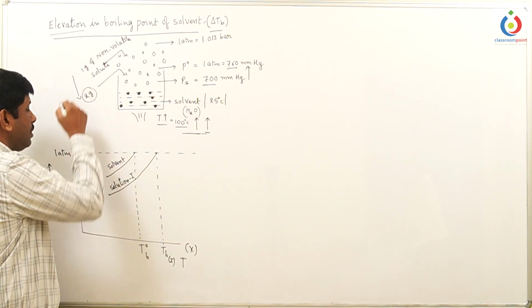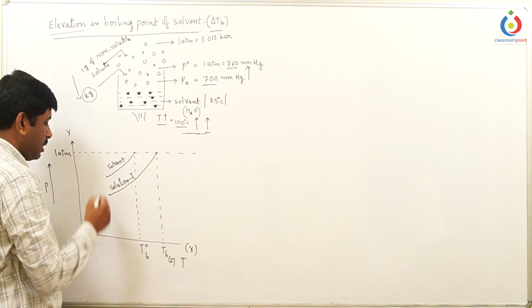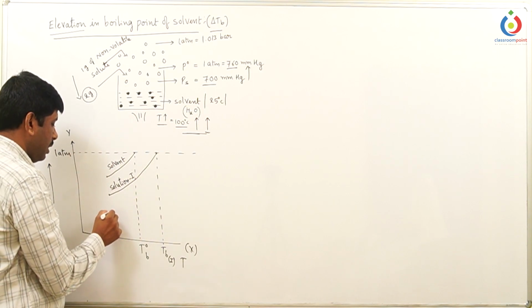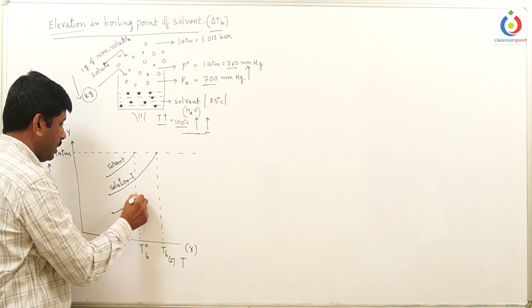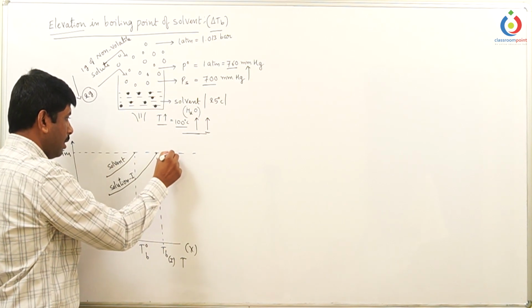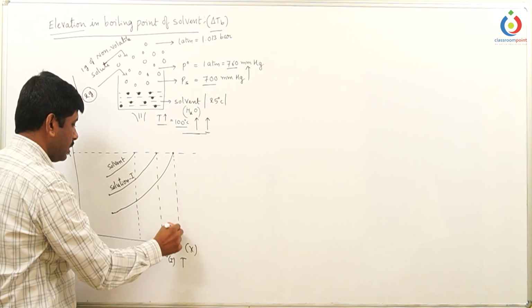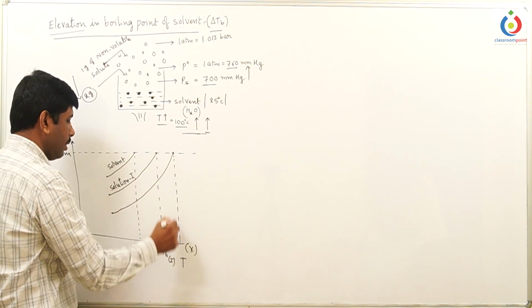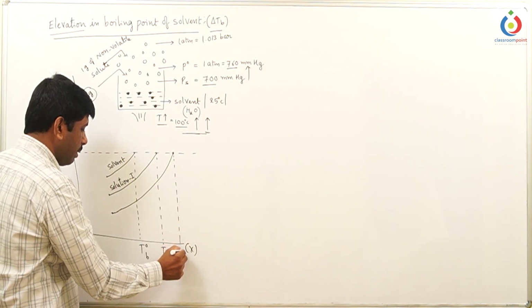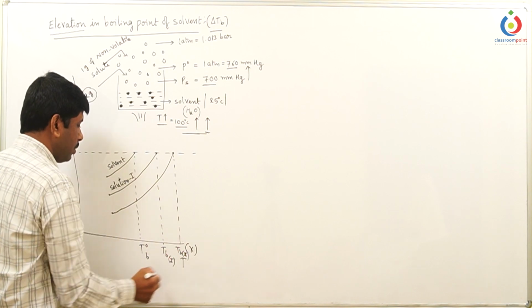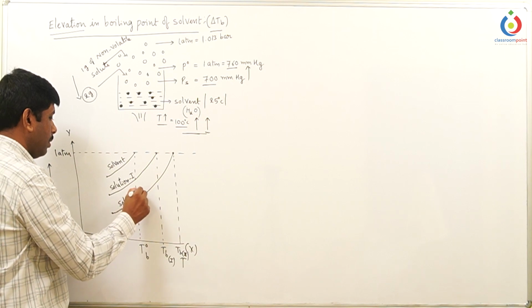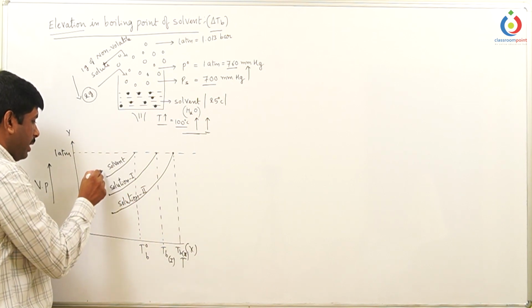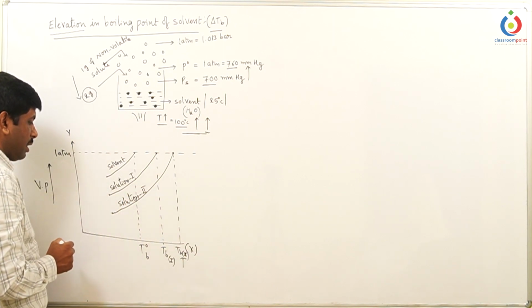Next, when 2 grams of the solute are added, the concentration increases. So obviously its evaporation decreases, and again when temperature increases, its vapor pressure increases. Finally it reaches a certain point where it starts boiling. This is solution 2. So from here to here concentration increases.